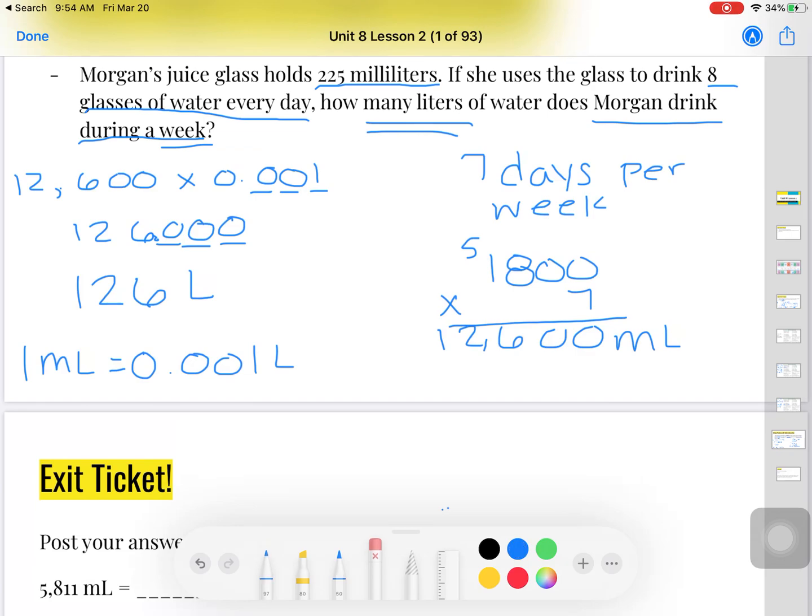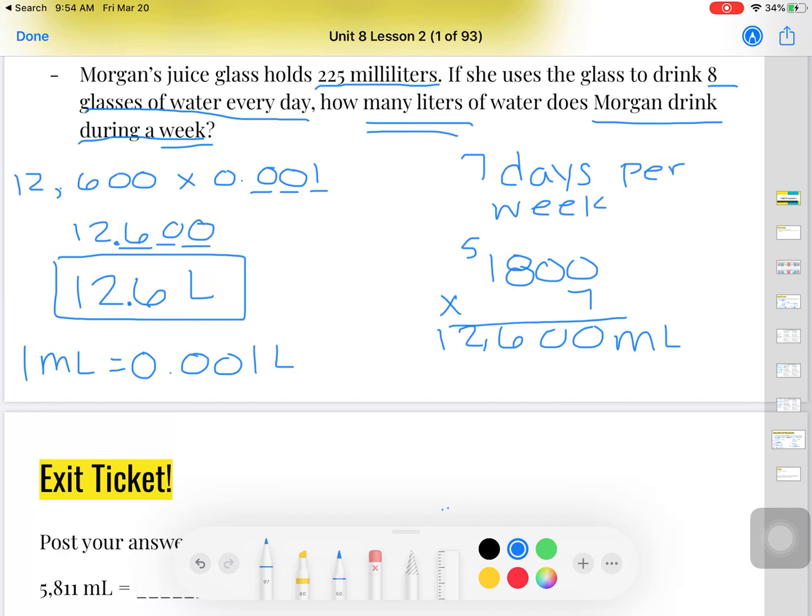I added too many zeros. Try this again. There's number 3. 12.6 liters of juice per week. So that's why we always want to check, because I knew that that answer did not seem reasonable for our question. So she ended up with 12 and 6/10 liters.